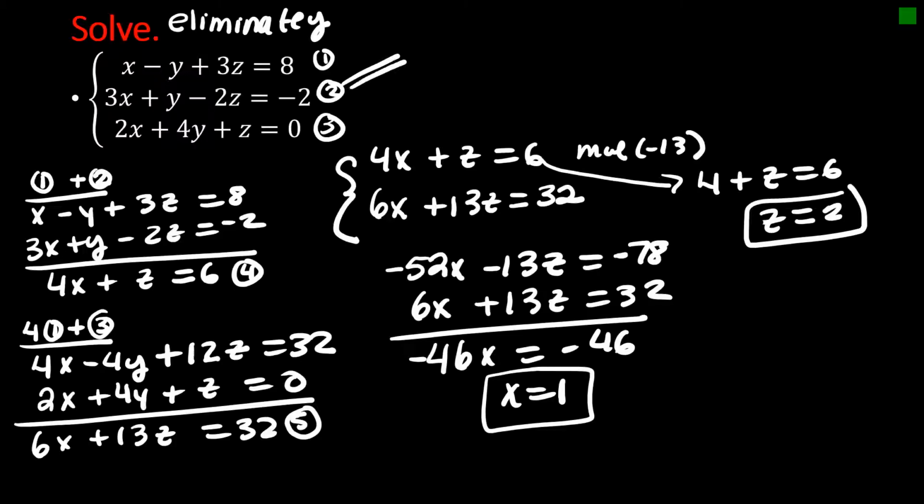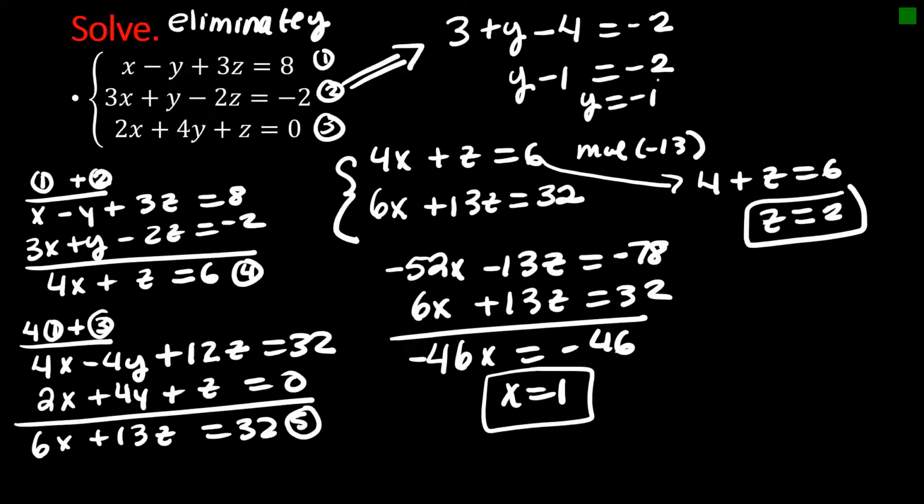It's going to be easiest to go back to equation 2. 3 times x, 3 times 1 is 3, plus y, minus 2 times z, which is 2 times 2 is 4, equals negative 2. So I have y minus 1 equals negative 2, or y equals negative 1. So the solution is my ordered triple, 1, negative 1, and 2.